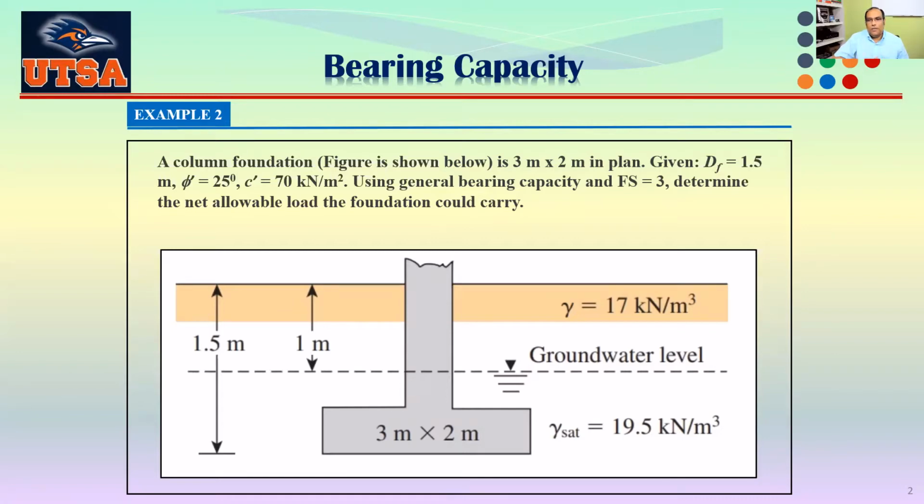So here, the load is working at the middle, so no eccentricity here. But we can see the water table is above the depth of the foundation, right? So this one is basically case 1. Now, let's go to the board and try to do the problem, okay?